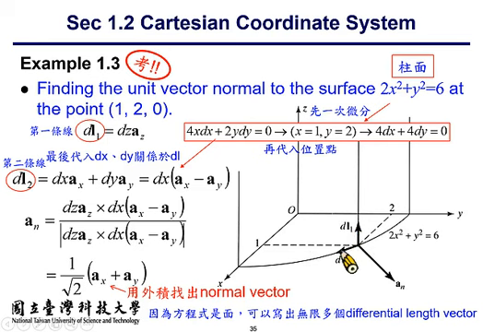So dl1 is a tangential vector starting from point (1, 2, 0). And you need another differential length, dl2, so that you can do the cross product, dl1 cross dl2, to find the direction of the normal vector on the surface.